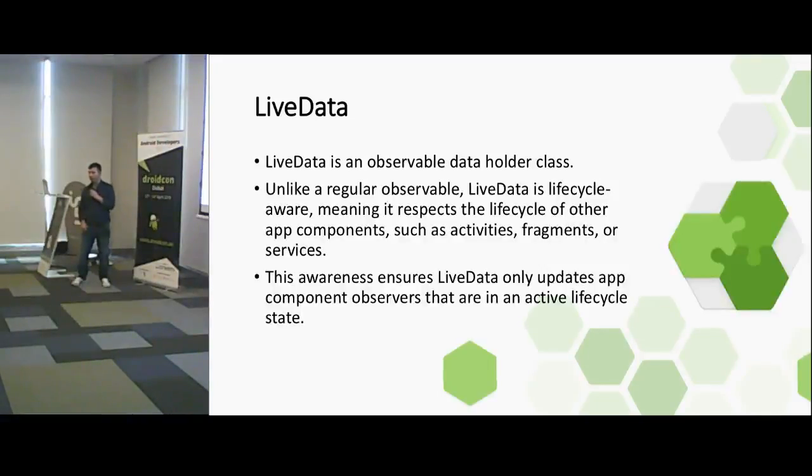Unlike a regular observer, LiveData is lifecycle aware, as we said, that it only triggers when your application is in active state, onStarted or onResumed, sorry. Meaning it respects the lifecycle of other components such as activities, fragments, services. And this awareness ensures LiveData only updates app component observers that are in the active lifecycle state, as we have said before.